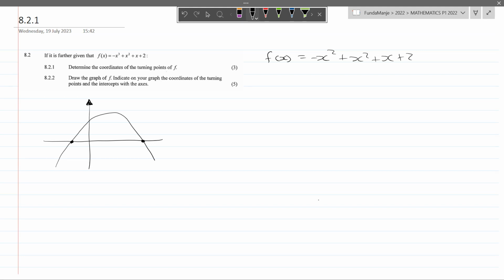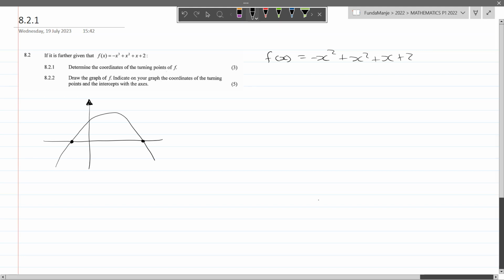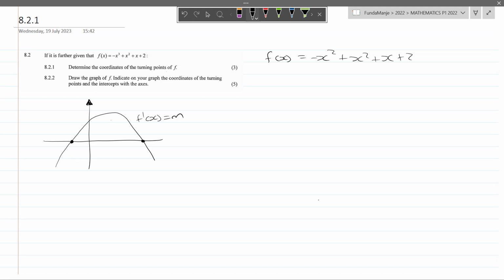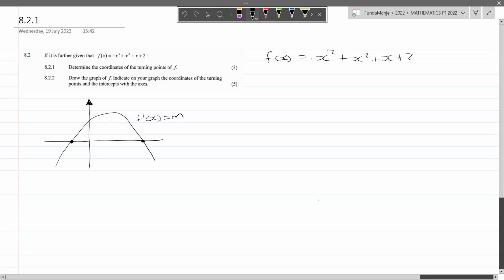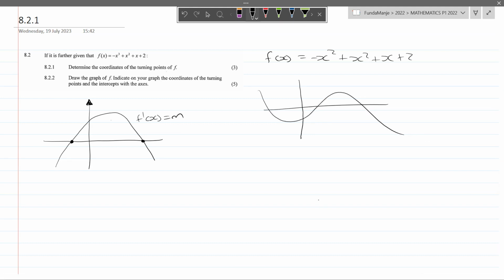So this first derivative function that we had represented the gradient of our original cubic function, which is this one. So if we want the turning points of this cubic function, which probably looks something like this or like that, we have to figure out these points over here.